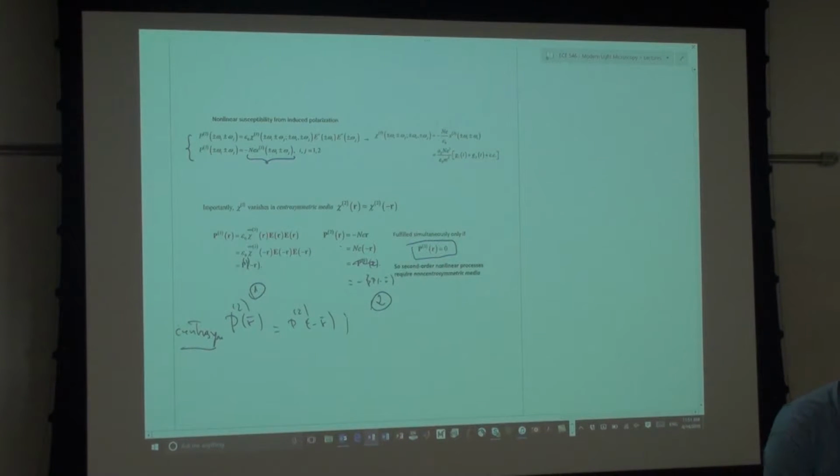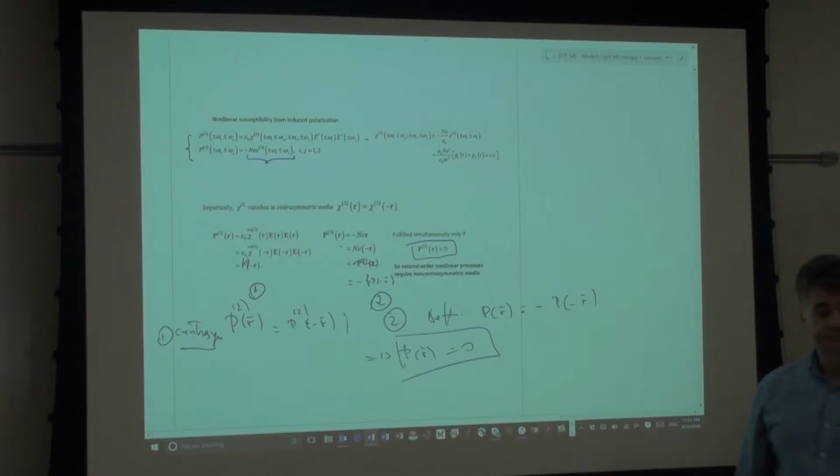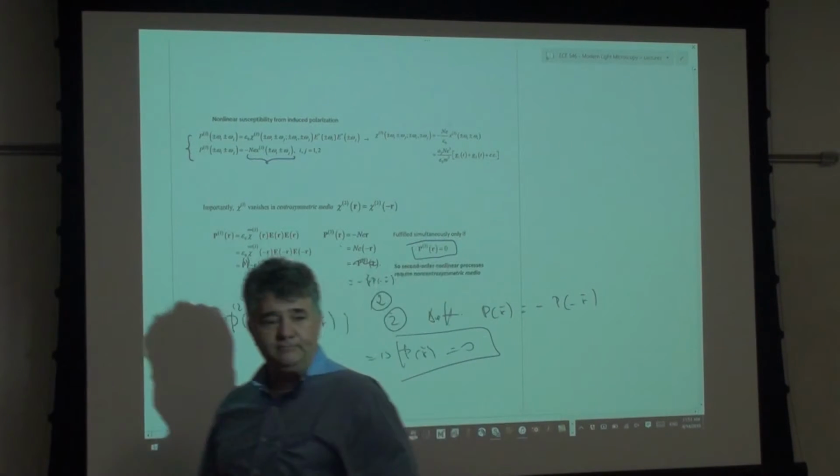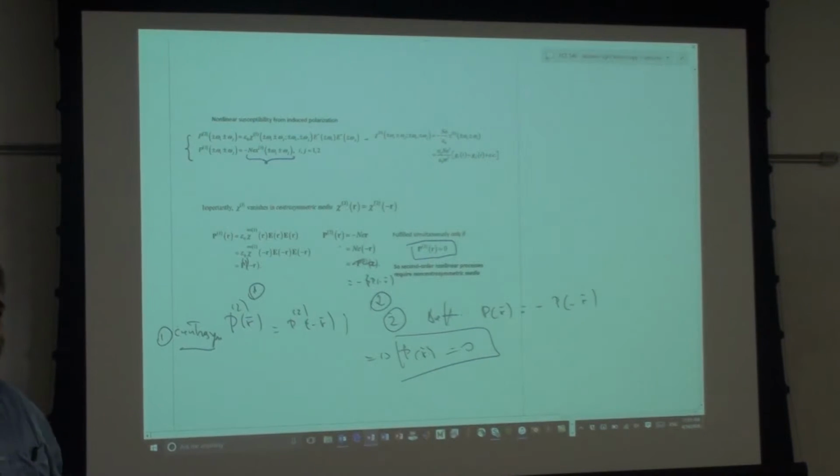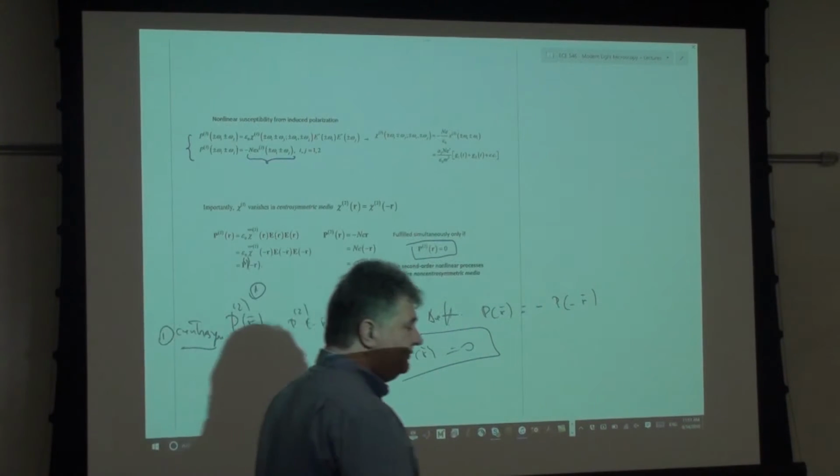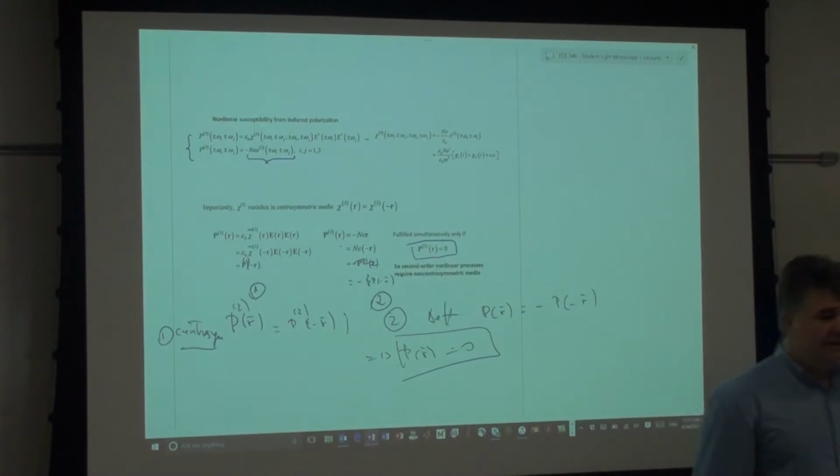On the other hand, this is the first condition. The second condition says, according to the definition, P of R should be minus P of minus R. So that means P of R better be 0. Yeah? What does it mean? You cannot have second-order nonlinearities in centrosymmetric molecules, centrosymmetric materials.